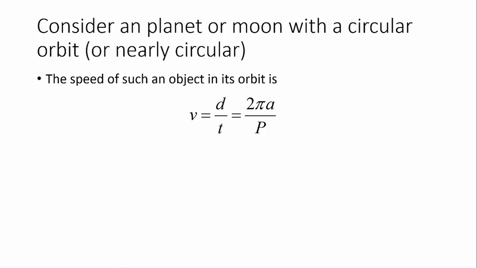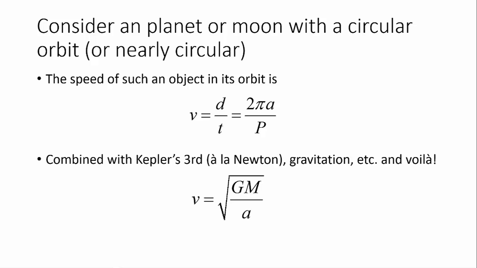Maybe that's all we need, actually. Maybe Kepler's third law. When we do that, we get v is equal to the square root of GM over a. And so this is a fairly simple expression, the square root of the gravitational constant times the mass of the star or the object being orbited divided by the orbital radius.